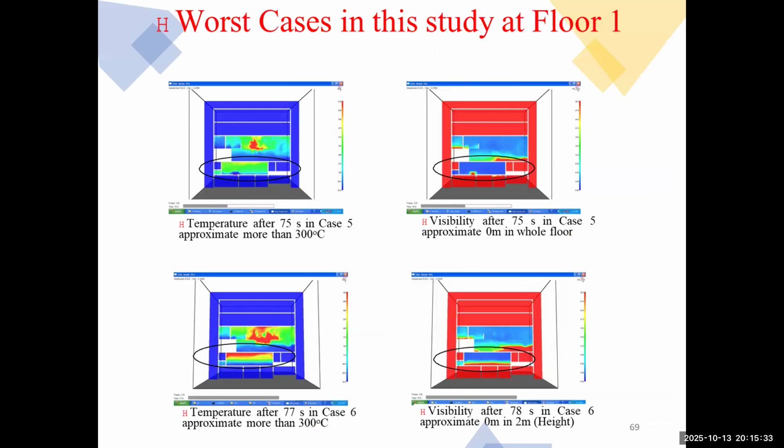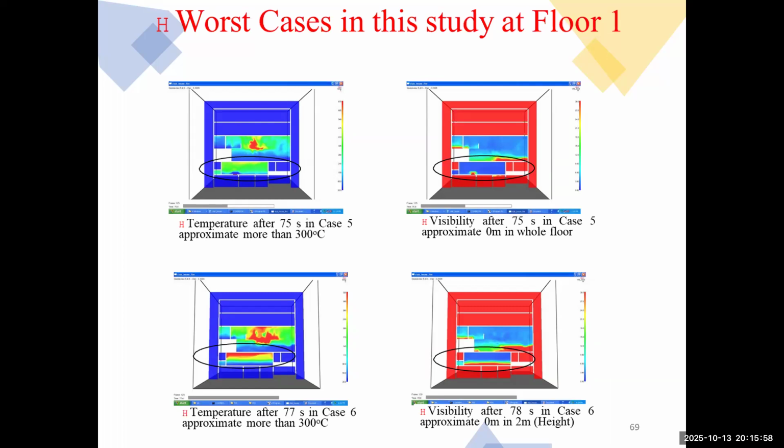So the worst case in this study at floor 1, this is the simulation output for the visibility. We can see the temperature and the visibility at both 75 seconds and 77 seconds, only 2 seconds difference.